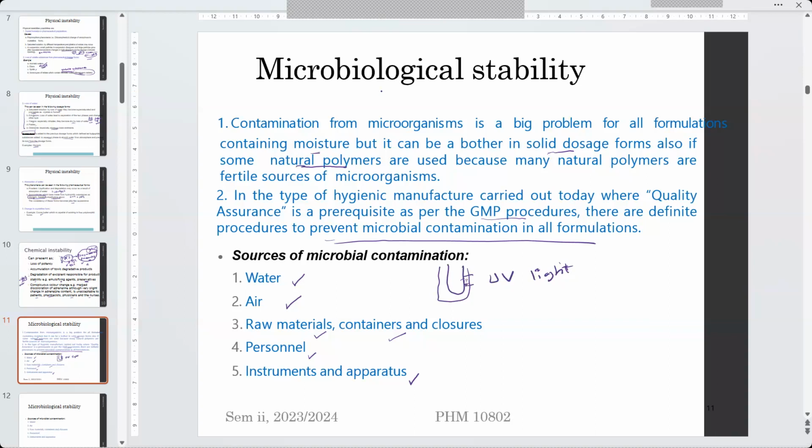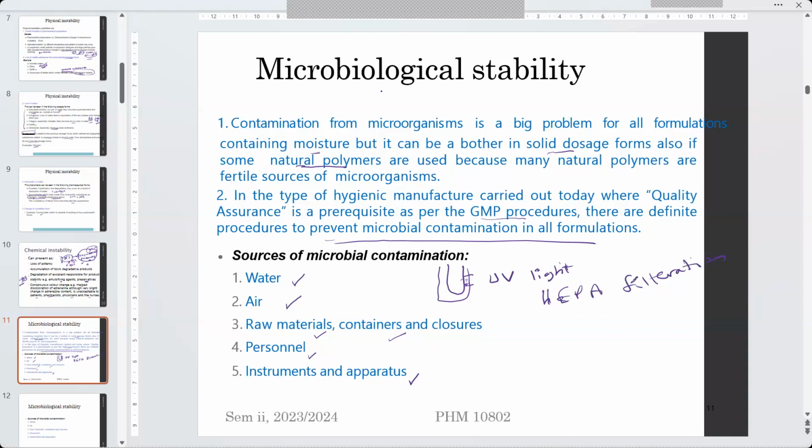When it comes to air, you know that there is an air control, environmental control system, and they purify the air that is going inside. You will study later on what we call the HEPA filter. So there is a filtration system for the air supplied to the production plant.